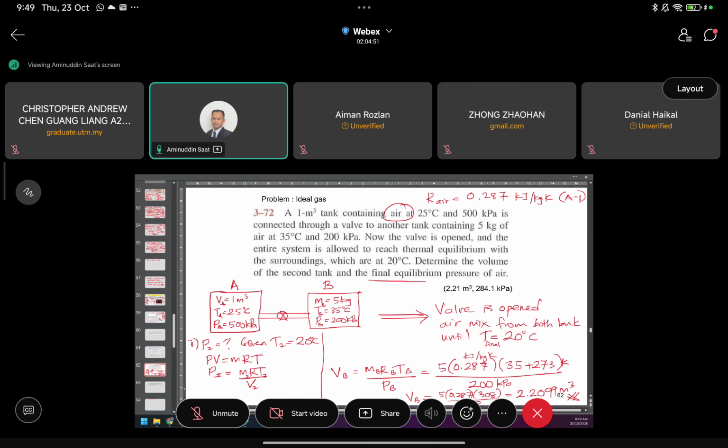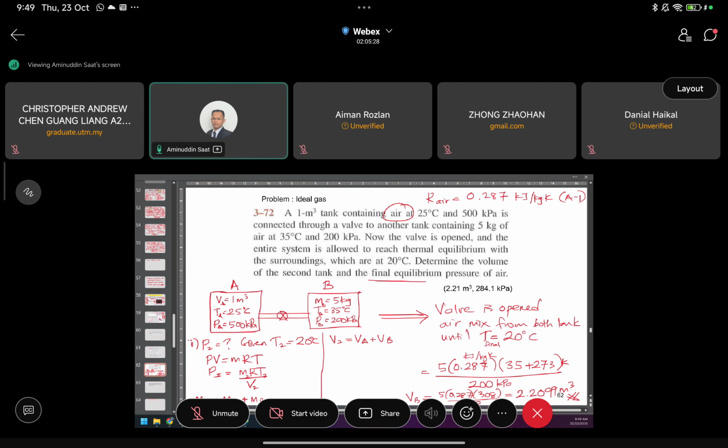What is the m2? m2 equals mA plus mB, because when you open the valve, you are mixing mass A and mass B. This is an extensive property, so you can add the volumes and the mass. V2 equals VA plus VB.